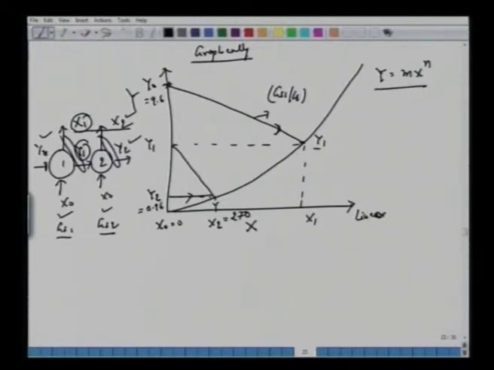This stream starting from y0 is brought down to y1. So y0, x0 enter and they leave at x1, y1 in equilibrium. Now y1, x0 equal to 0, again enter the second stage and leave as y2 and x2. This point is already fixed because this is 0.96 and this is 270. This line is fixed. Once we know y1, we can connect with this.